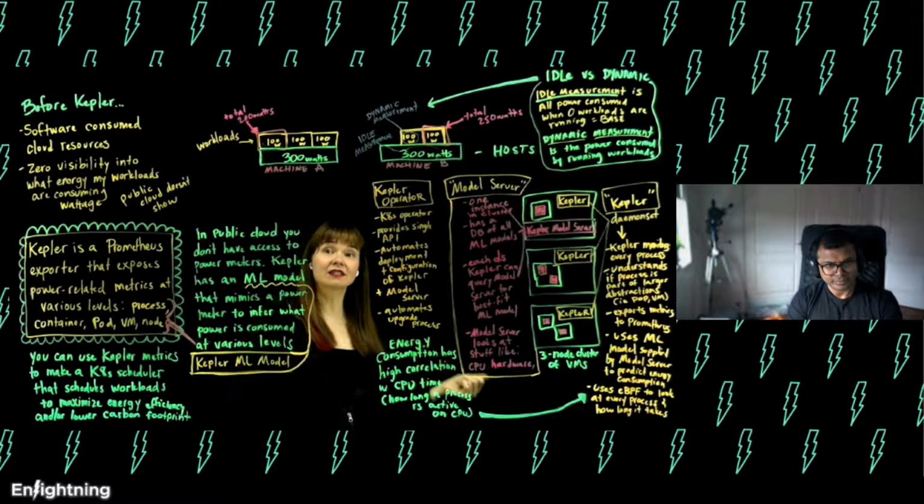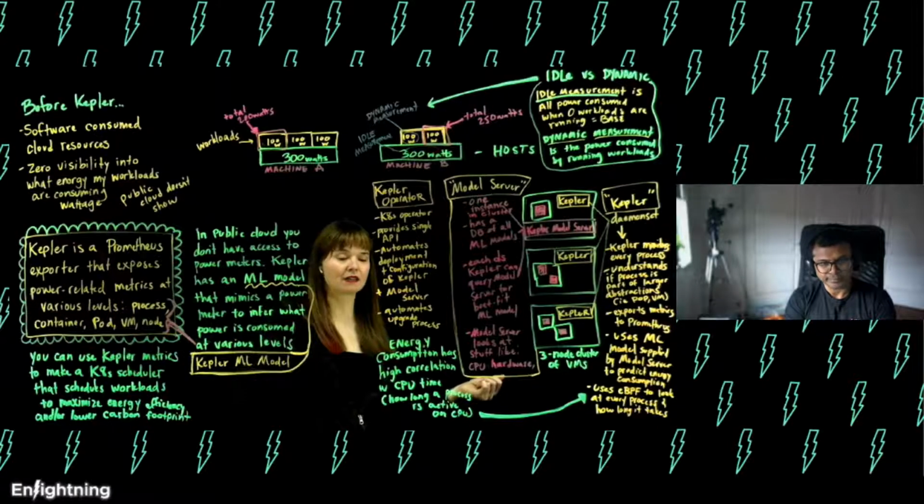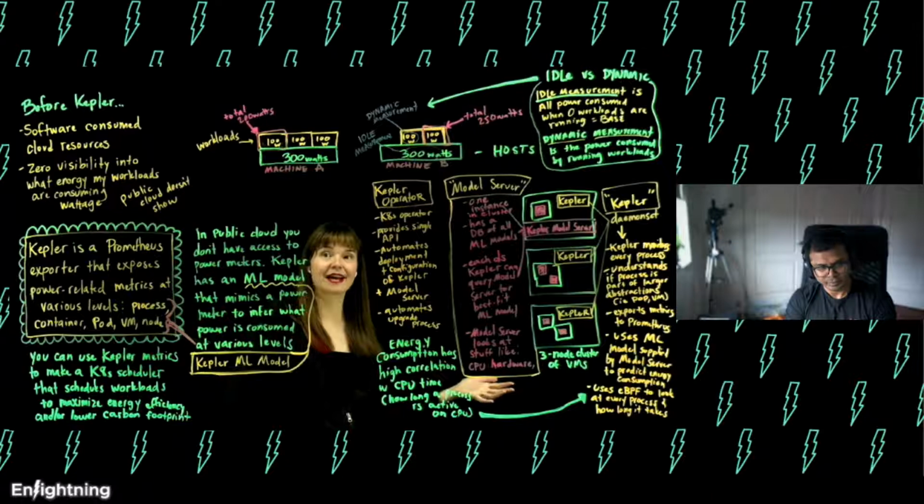And then it also uses eBPF to look at every process and understand how long it takes to process that process, because energy consumption has a high correlation with the compute time. How long the process is active on the CPU is highly correlated with the energy consumption.